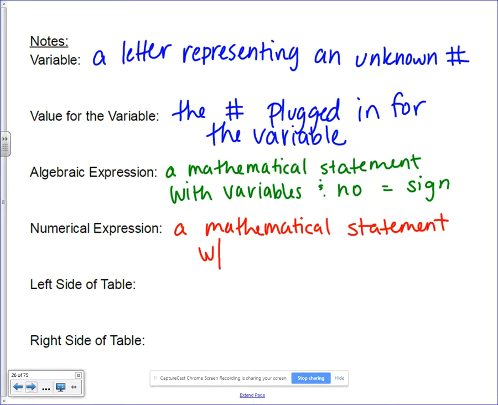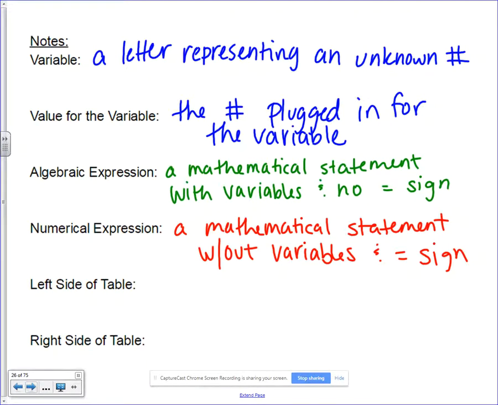So you will not have variables, and you will not have an equal sign. Mathematical statement without variables and an equal sign. Okay, so basically it's just numbers and operations.